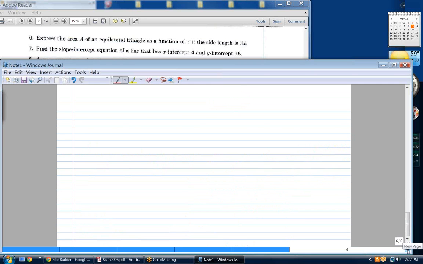Okay, find the slope-intercept equation. Slope-intercept form is what? Slope-intercept form is y equals mx plus b. So that has an x-intercept of 4 and a y-intercept of 16.